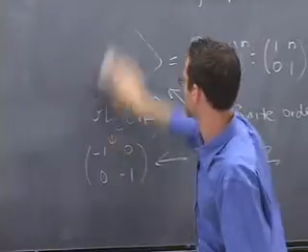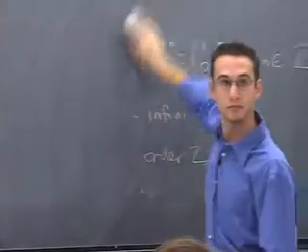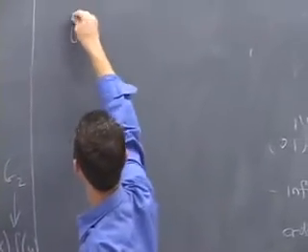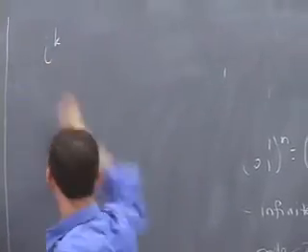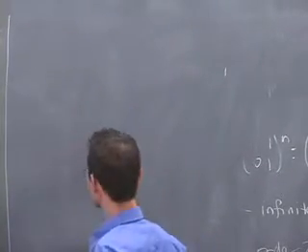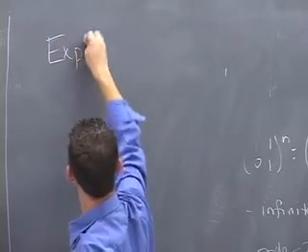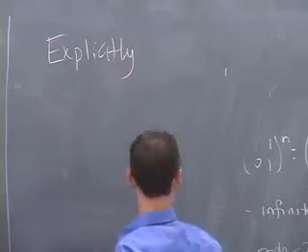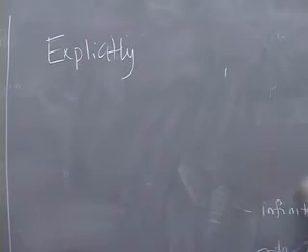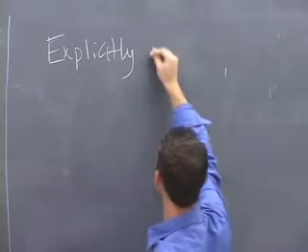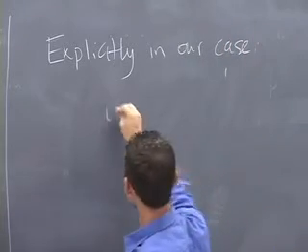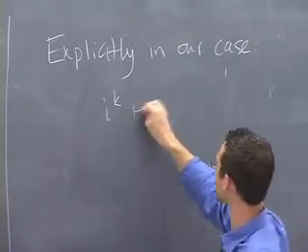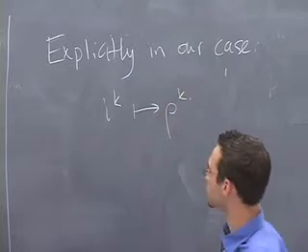So here's another example. In this case, the isomorphism is given explicitly by sending powers of i, so say i to the kth power, explicitly, in our case, I send the kth power of i to the kth power of rho.